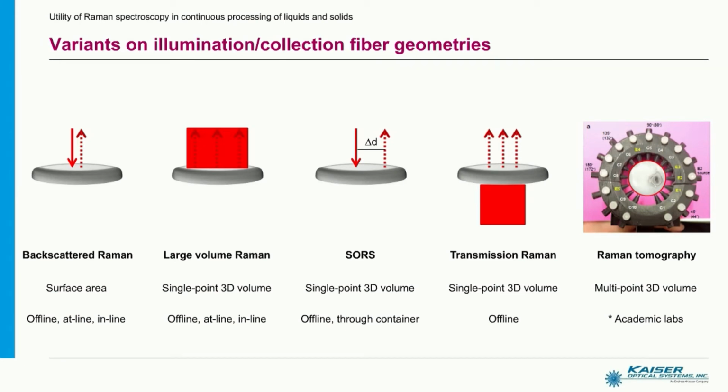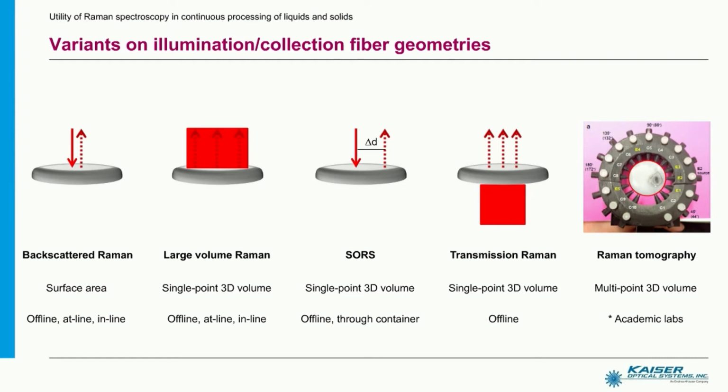What's typically used is backscattered Raman, where the illumination and collection fibers are relatively close to each other, and that's used in liquids process analysis, as well as if you want to get a surface area of a solid. In order to get a more 3D volume type of measurement, you would use what's called large volume Raman, and I'll go into this in more detail later on as well.